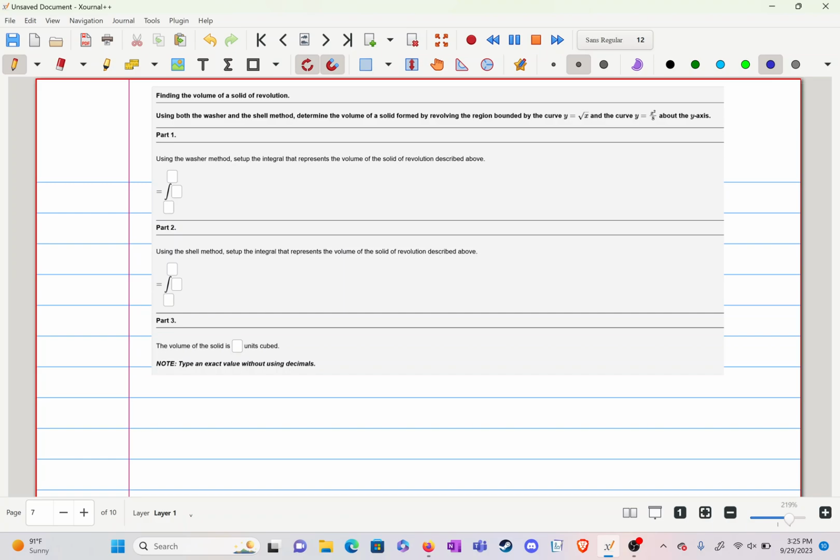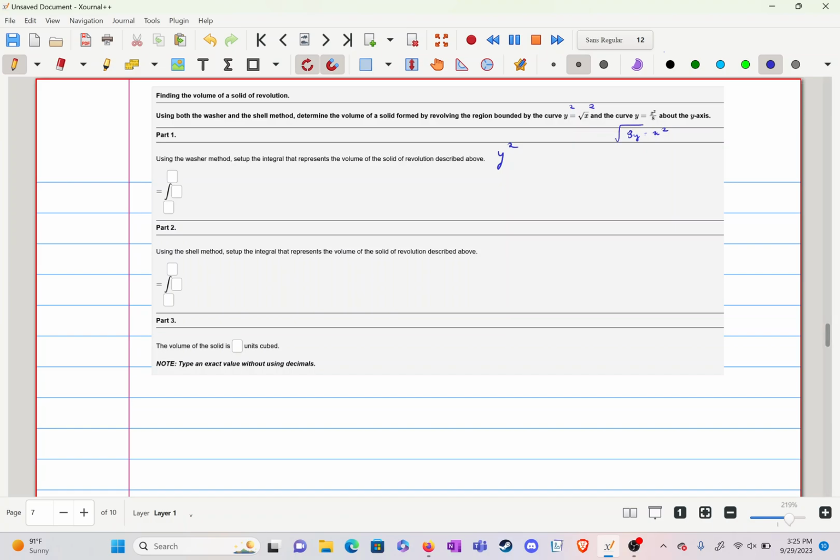For the washer, we need it in terms of y. So we're going to solve for y, square either side. We have y squared, and then 8 times y equals x squared, and we have that square root.